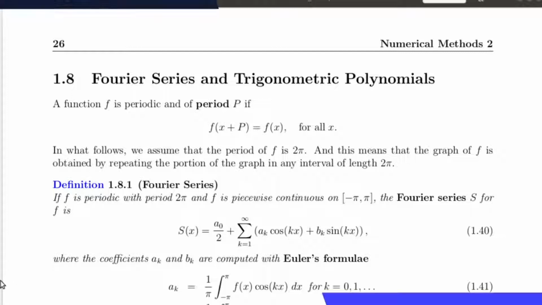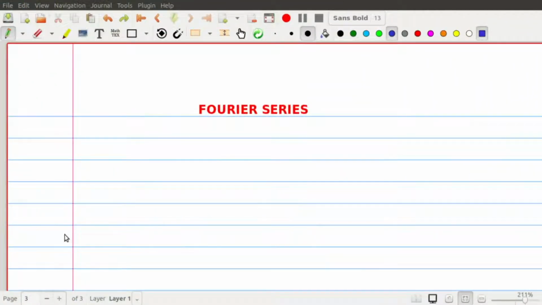So how was his solution? I will try to write it on the slide. This is how Fourier's solution to the heat equation was written.